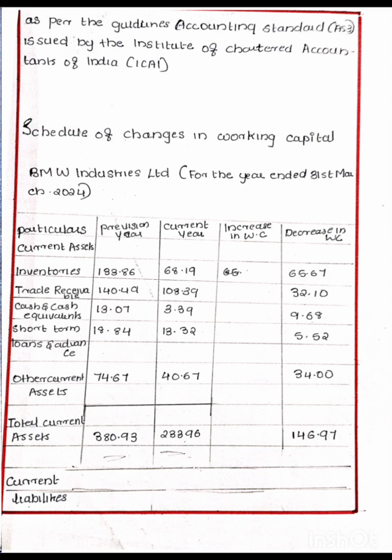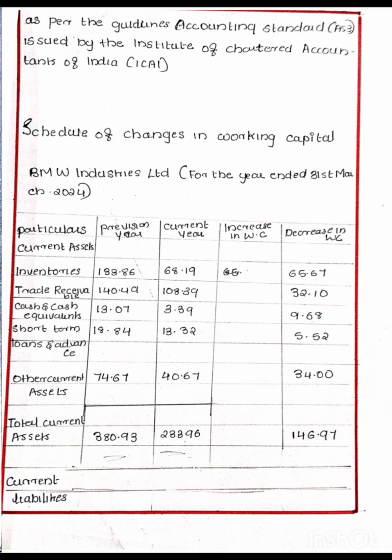Other current assets 74.67, 40.67 in the current year, decrease in working capital 34.00. Then total current assets 308.93 and 233.96, decrease in working capital 146.97.